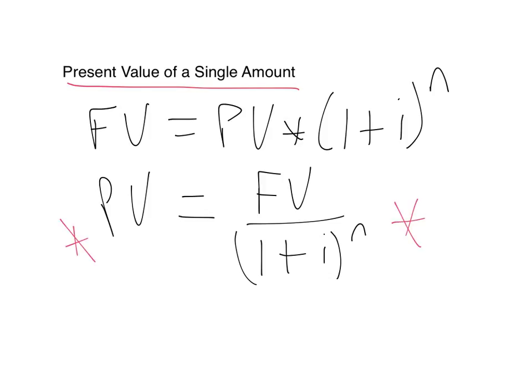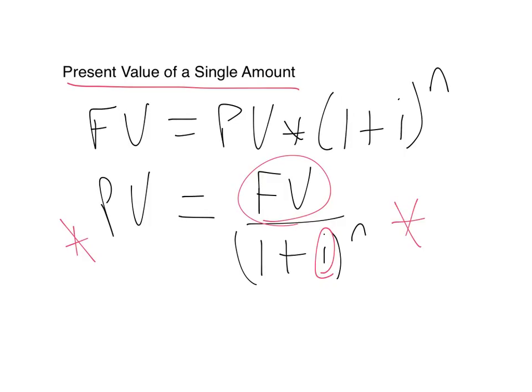This is what some call the time value of money formula. This tells us the value, the present value, today's value of some future cash flow. We find that present value by dividing the future amount, the future cash flow, by 1 plus the interest rate to the nth power.